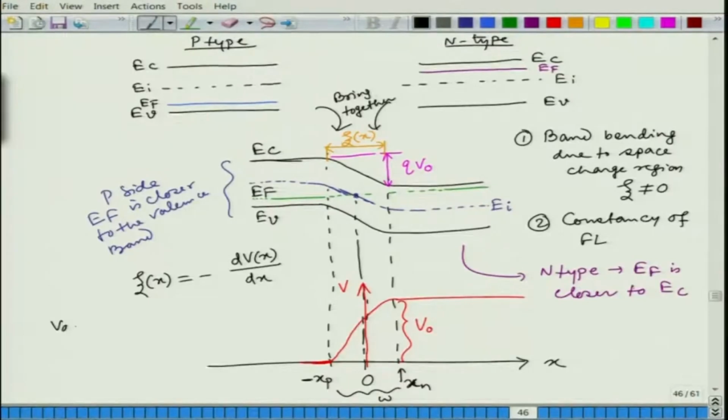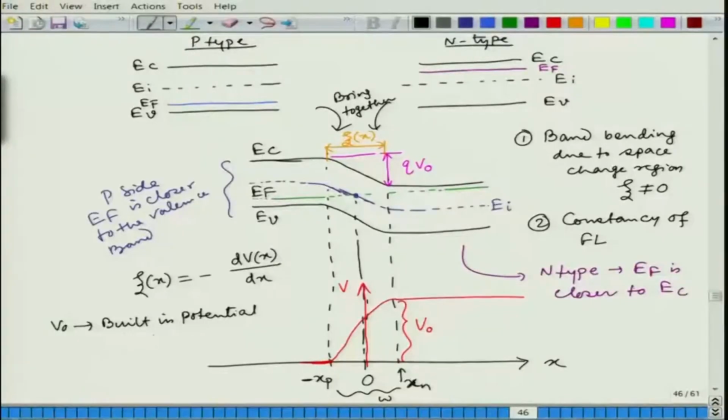And V naught we call the built in potential. So, a potential barrier or a potential energy barrier you are creating just by bringing one p and n type semiconductors together, right. By forming a junction you are producing this built in potential, or it is called junction potential.